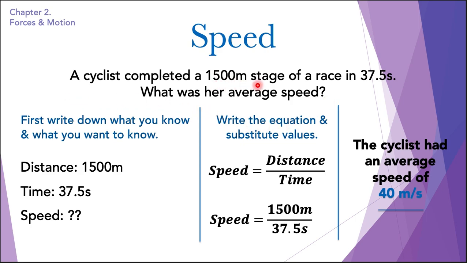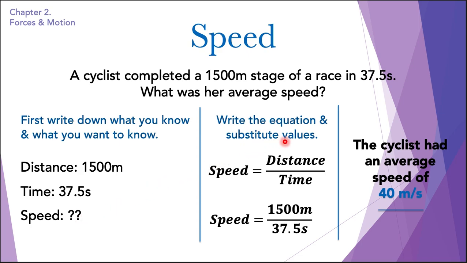So in this question, we are given the distance and the time, which are both used to measure speed. So the right and organized way of doing an equation is this. First, we write down what we know and what we want to know. So we know the distance, which is 1500 meters, and the time, which is 37.5 seconds. And speed is unknown at the moment.